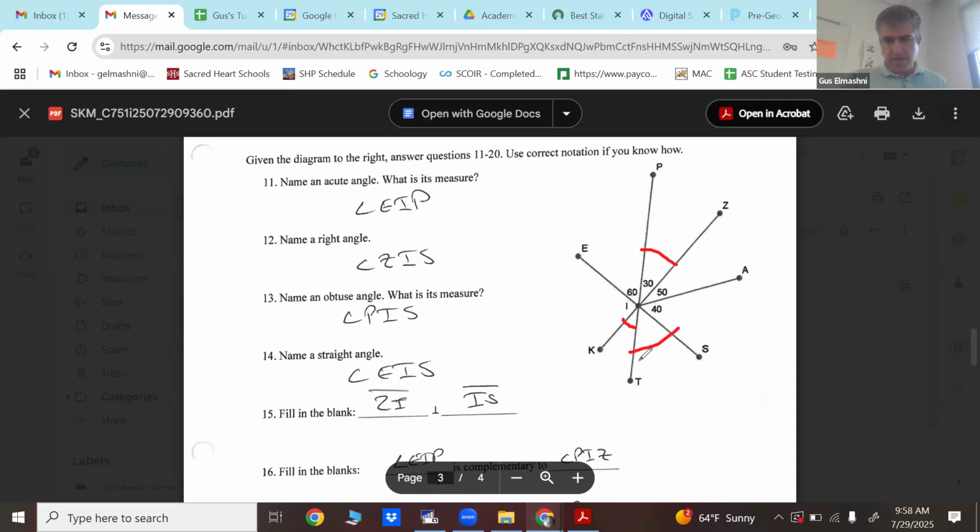Yeah, right here. That's opposite this one here. So that's 60. And lastly, TIE, that's 120 because that was 30, and that's a 90. So that's with the 120. But that's because that's 60 and 30, forming a straight angle.